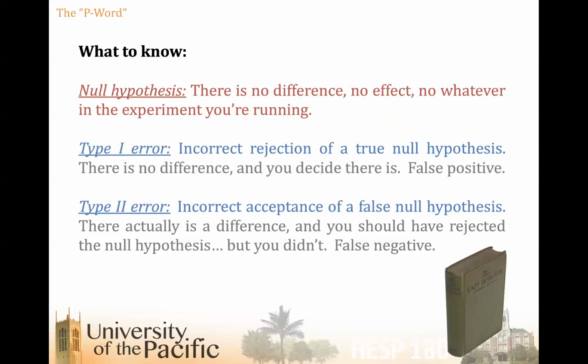Now, if creatine and bench press do have something to do with each other, creatine does increase bench press, but your analysis has an error: either sampling error, the people you enrolled were terrible exercisers and didn't adhere to the exercise prescription, or your testing instrument was bad, or people didn't adhere to the creatine protocol well. They kept forgetting to take it, or they exercised the day before the test.